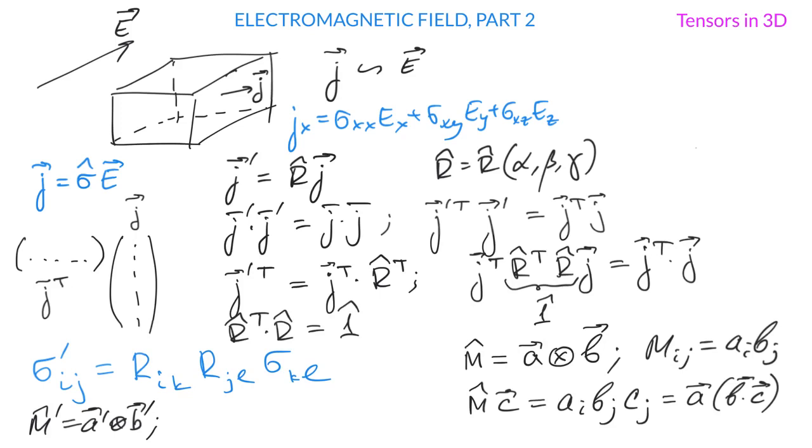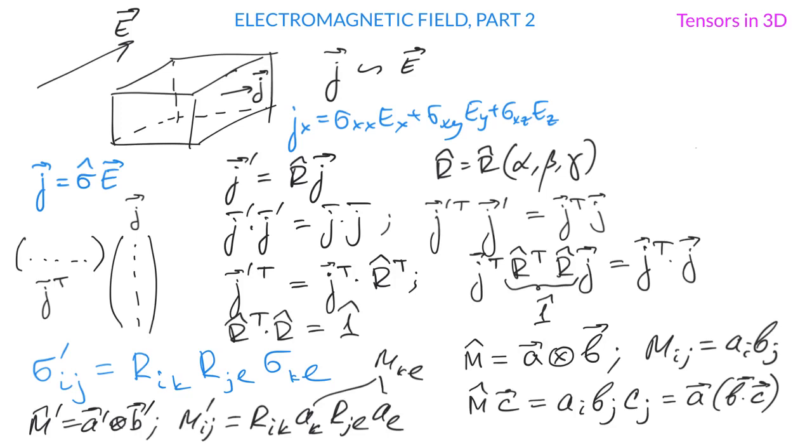So if we write it in components, we'll find M prime ij equals R ik a k R jl b l. But a k b l is just M kl. So we have these two R matrices, and the structure of this expression is exactly like I wrote above for the sigma.